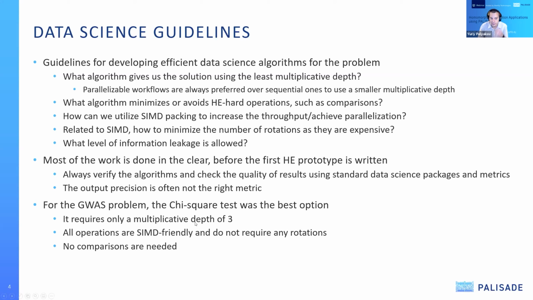But in addition to that, it only requires a multiplicative depth of 3, which is considered a very shallow circuit. All operations, the way we design it, are SIMD friendly, so we're taking full advantage of the packing capability. And this particular algorithm avoided, for instance, comparisons and some harder operations. So a lot of work happens at the data science and algorithmic level, which is very important and will determine how practical the solution is.